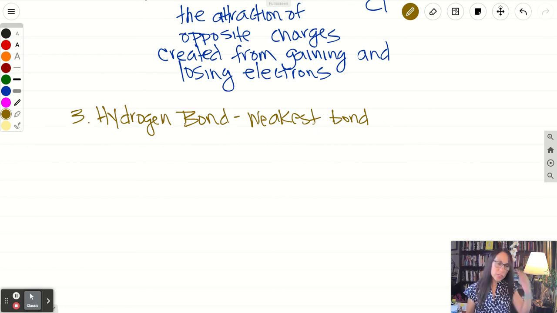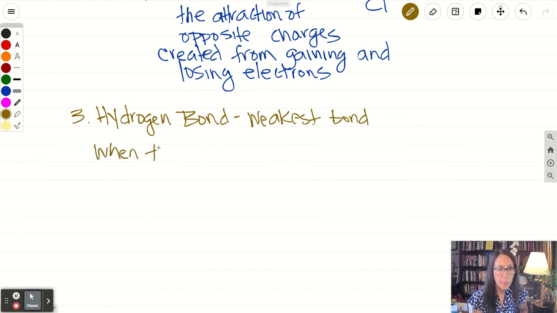Okay, and so hydrogen bond, what this is when it's kind of like an ionic bond where two molecules are attracted to each other because of opposite charges, and one of the atoms has to be a hydrogen. That's the definition of a hydrogen bond. So let me write that down.